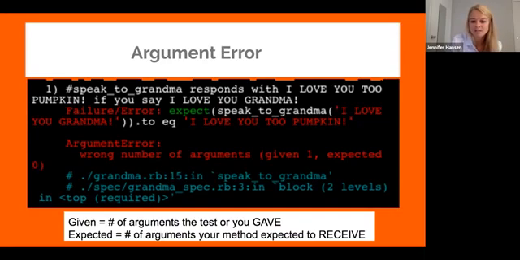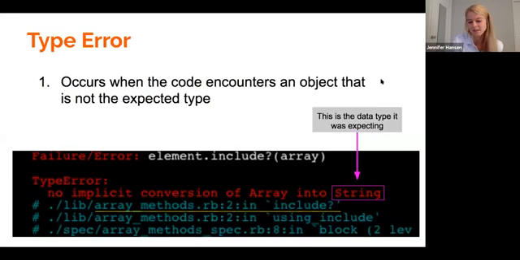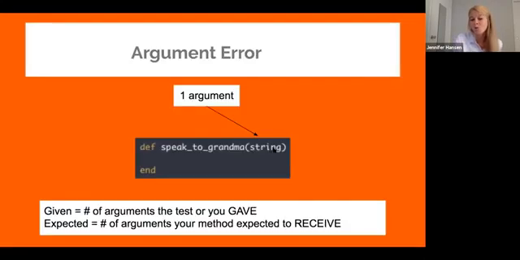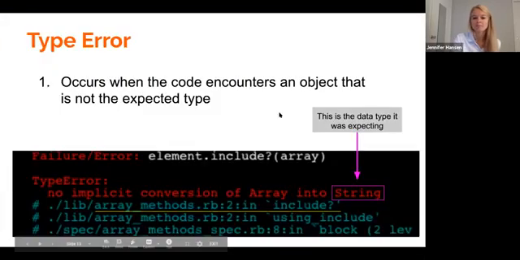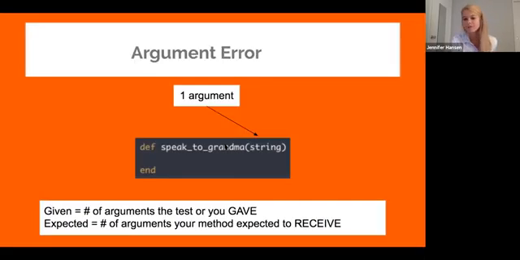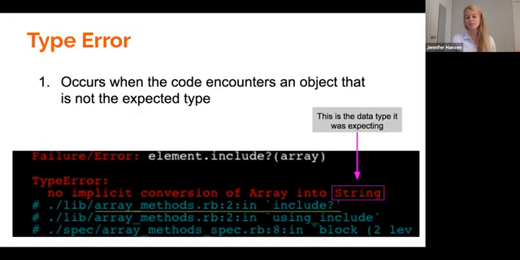So going on to the next part, this is kind of where I was talking about: this is the one that we are expecting, and the test is actually the one that's giving it. So that's where you would fill in or how you would solve that. The other type of error that we've kind of seen a little bit in a different way is a type error.